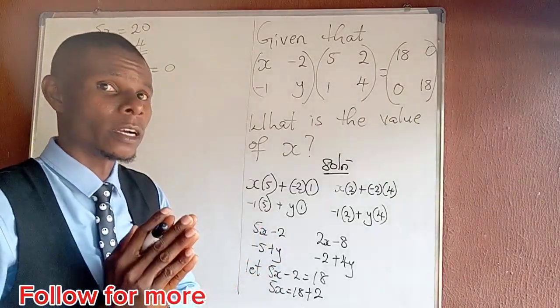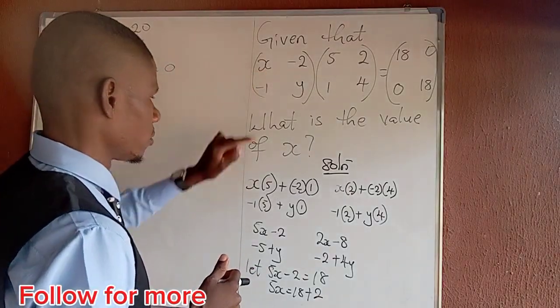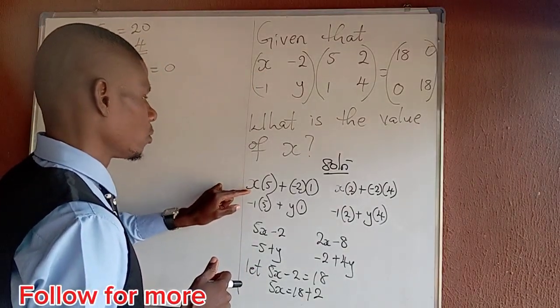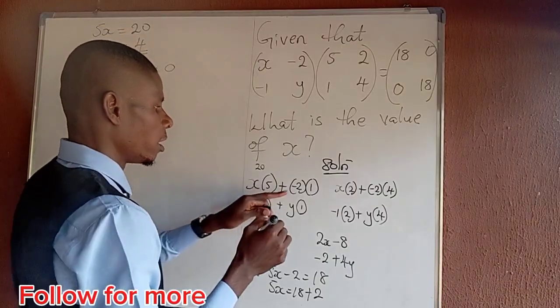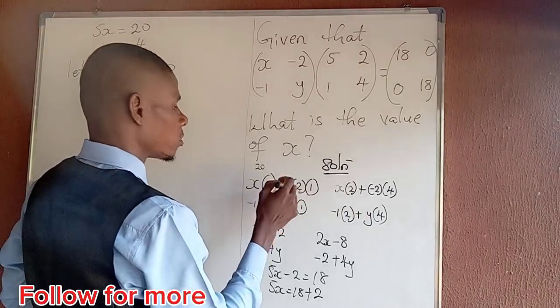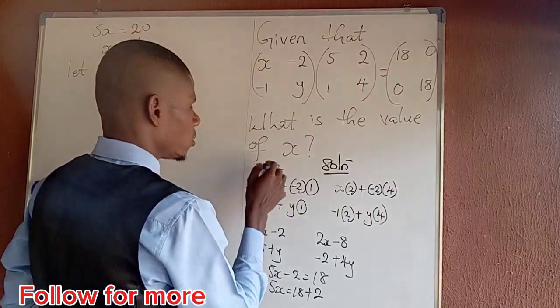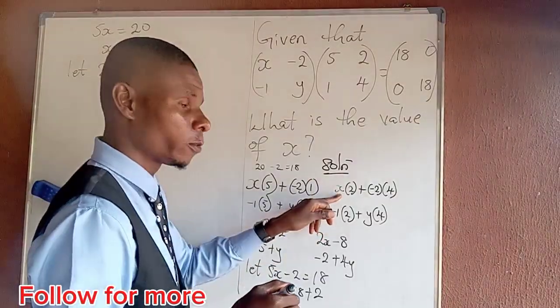Okay, let's check whether it is actually 4. Let's put 4 here. So 4 times 5 is 20. So we are going to have 20 here, and minus 2 times 1 is minus 2. So this will give us 20 minus 2 equals 18. Let's put x as 4 here again.